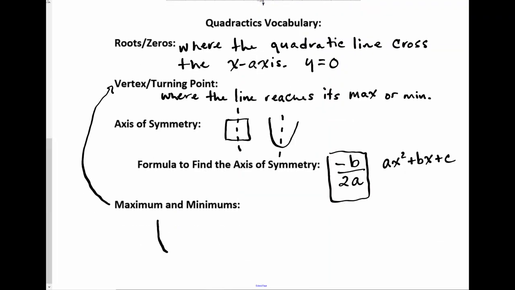So for graphs that look like this, the turning point or the minimum is right there. It's the lowest point. And as you can see, typically, the axis of symmetry will go through the minimum point. But then for lines that look like this, the turning point would be up here. That would be a max. But again, the line of symmetry would go through that turning point, would go through that maximum, okay?